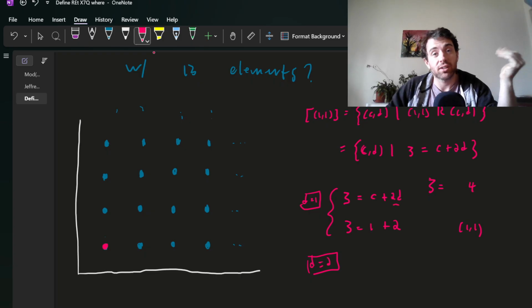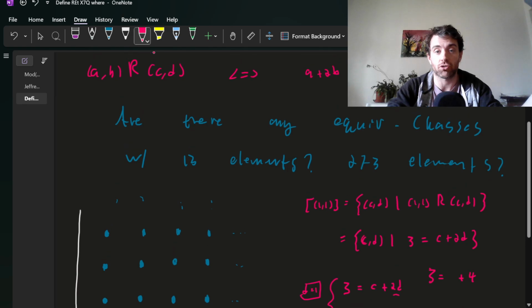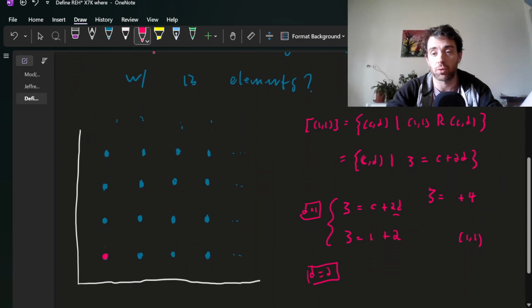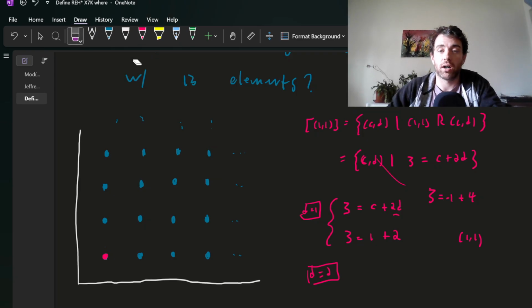Yes, there is an integer I could choose for c that would make this equation work out, but we need both c and d to be positive integers. The way this problem is stated, we're only considering positive integers. And the only c that would work in this equation is -1. That's not positive.